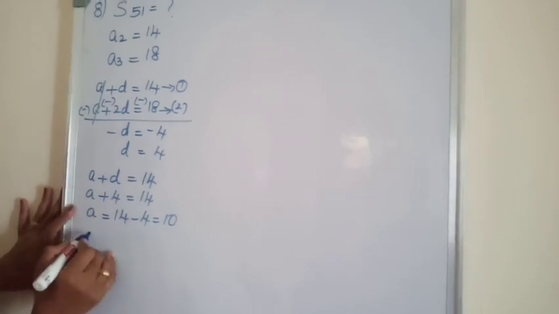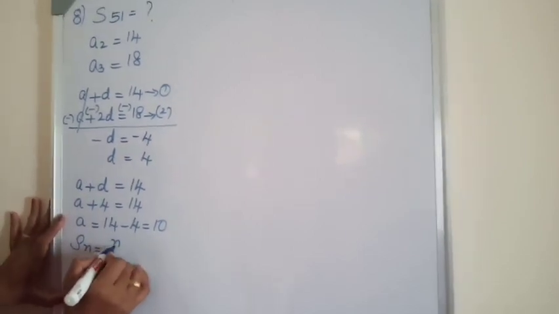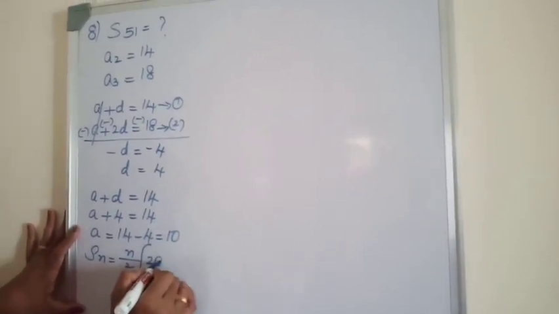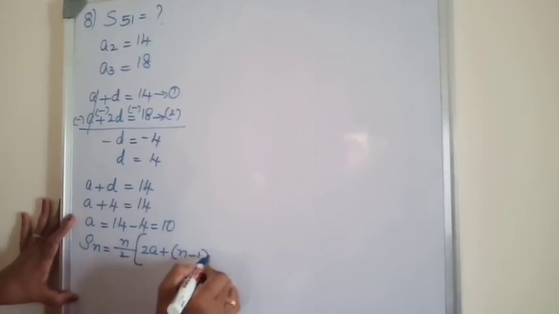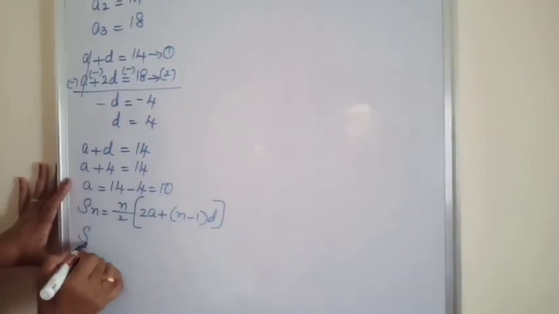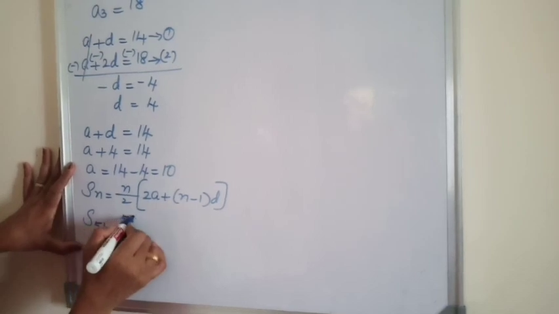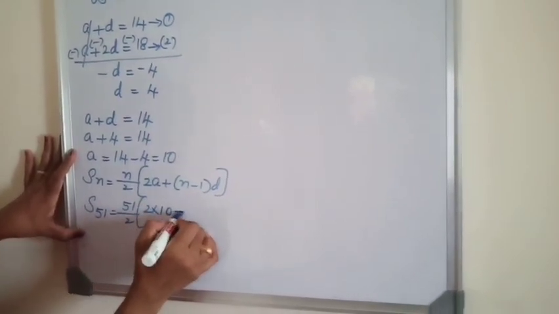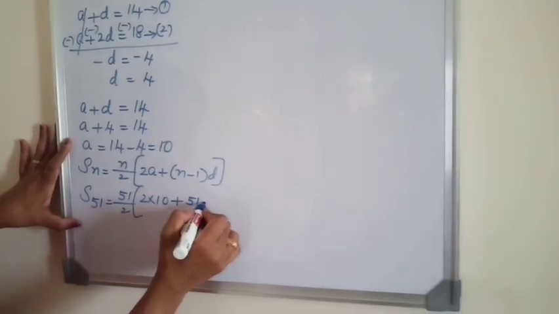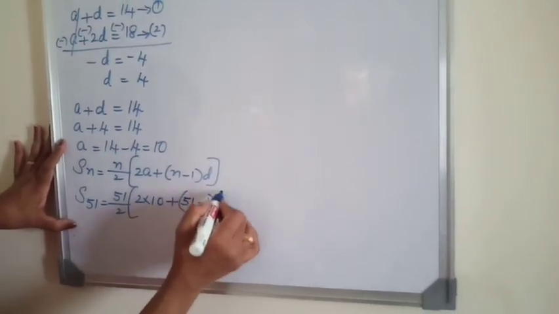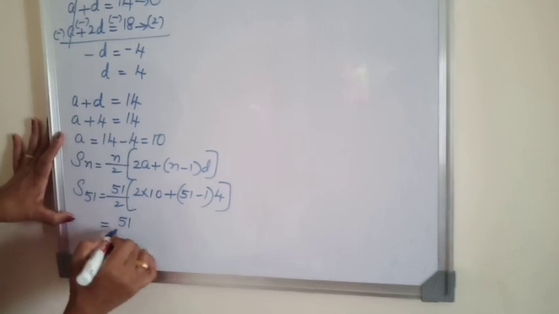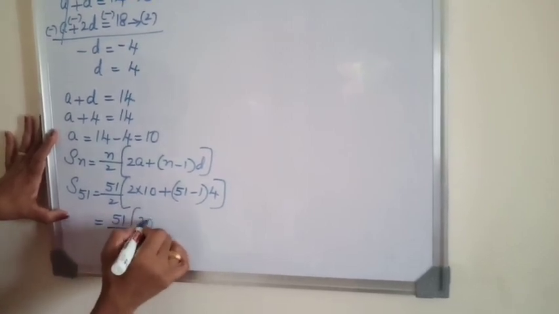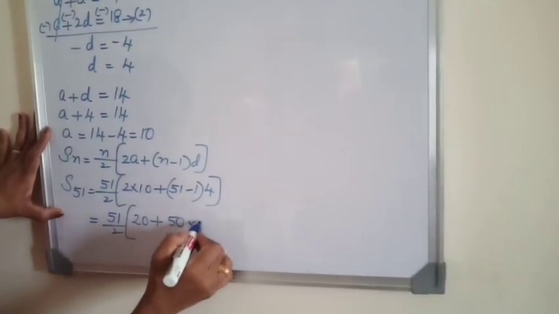Now we want to find the sum. Sn equals n by 2 into 2a plus n minus 1 into d. We want to find the sum of 51 terms. S51 equals 51 by 2 into 2 into a is 10 plus 51 minus 1 into d is 4. 51 by 2 into 20 plus 50 into 4.